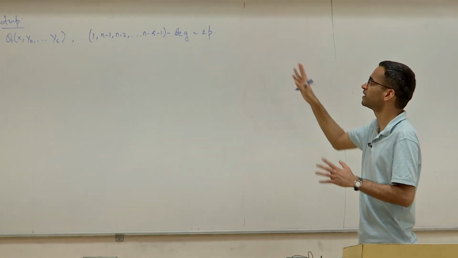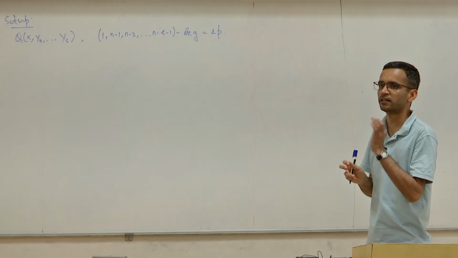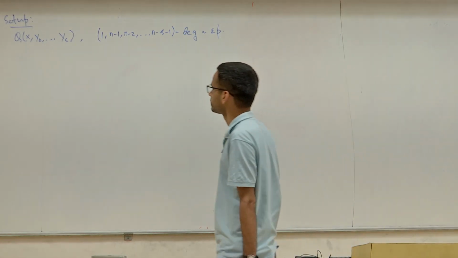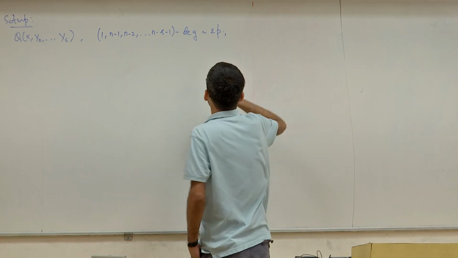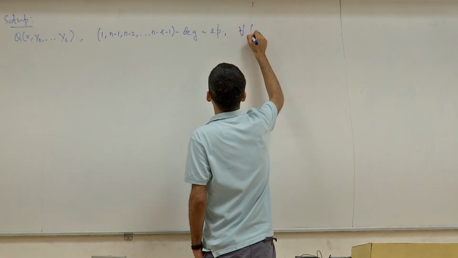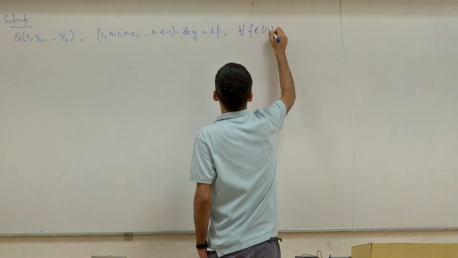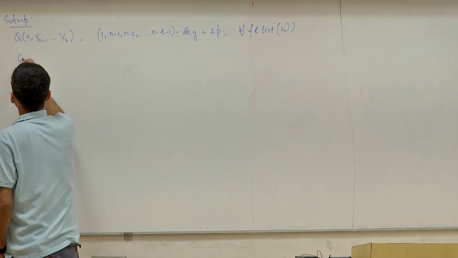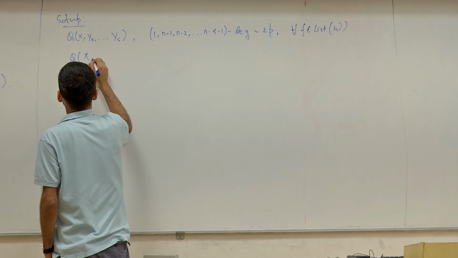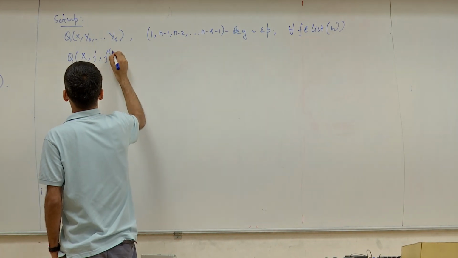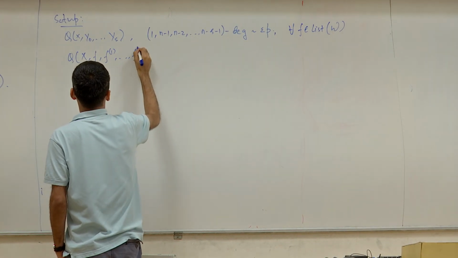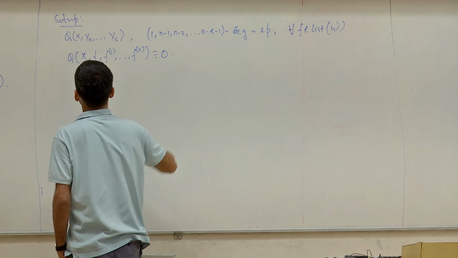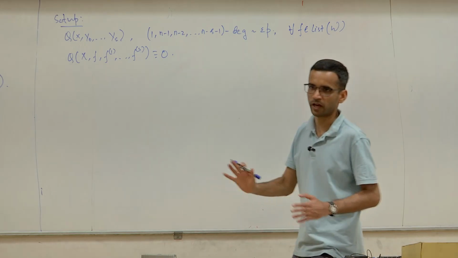That its degree is this if you weight the x variable by 1 and the ith y variable by n minus i plus 1. Okay, and we have that for all f in list of W, Q of x comma f of x comma first derivative and so on, this is 0. This is what we have so far.